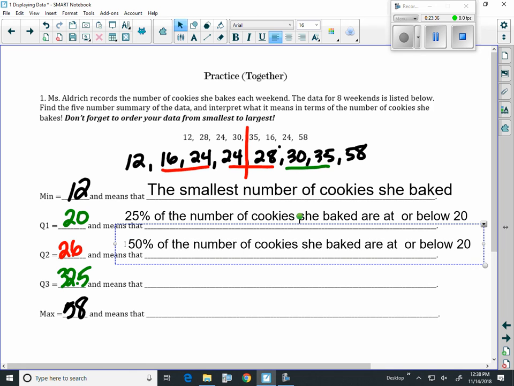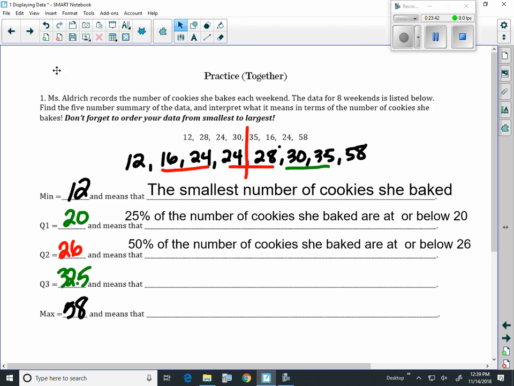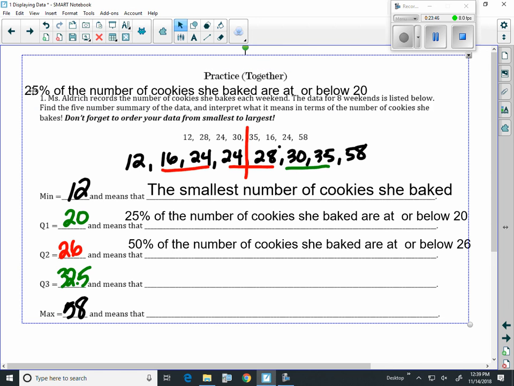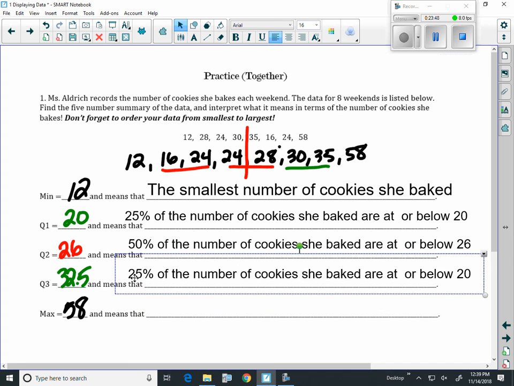Then 32.5: 75% of the number of cookies she baked are at or below 32.5.